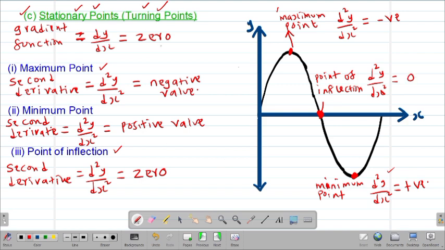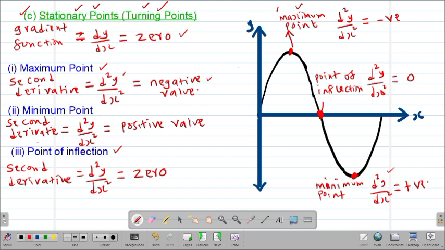So that is what you need to know as far as stationary points are concerned. At any given stationary or turning point, the first derivative or the gradient function, which is dy dx, will always give you 0. At the maximum point, that is the highest possible point on any given curve, the second derivative, d squared y over dx squared, will always give you a negative value.